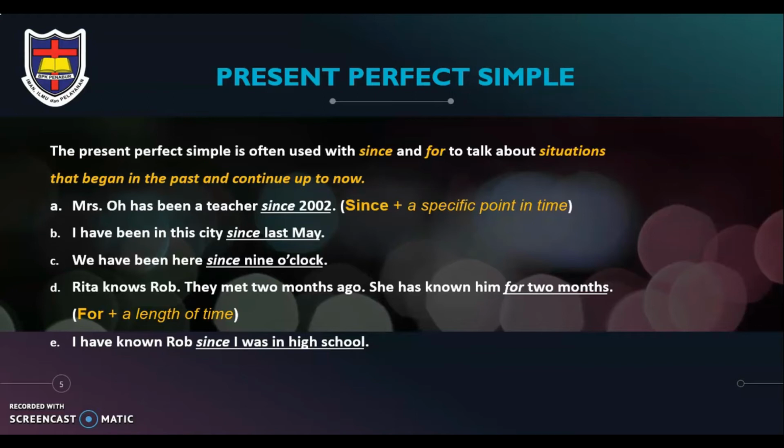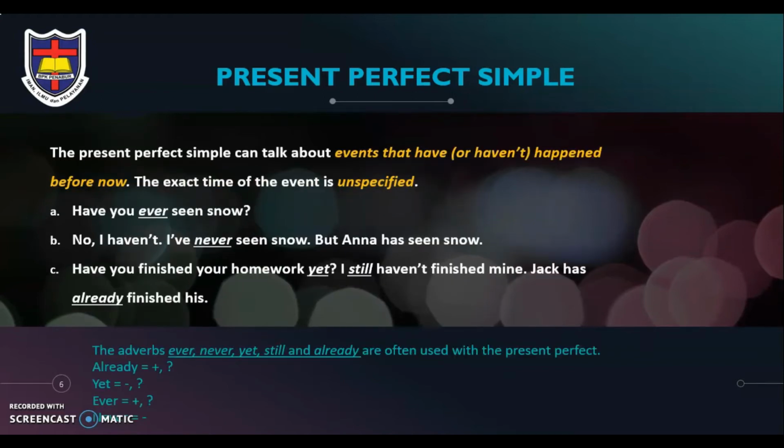Next slide, we have another situation where you can use present perfect simple. The present perfect simple can talk about events that happened before, when the exact time of the event is unspecified.